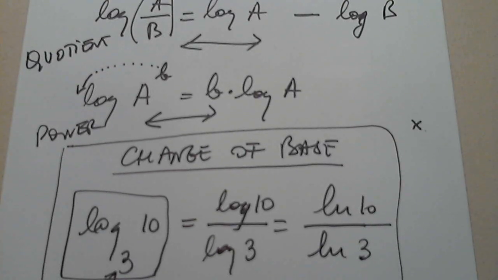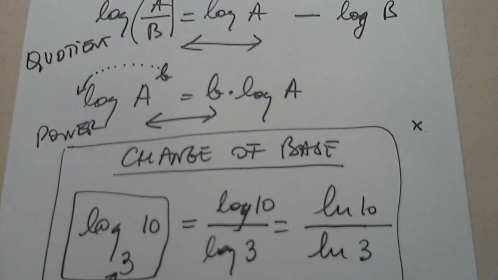And not all calculators have it. Okay, I was wrong. Okay, good. So base 3 of 10. That's what we have. And this is the same thing as what I just showed you. I said log of 10 divided by log of 3 is the same thing as what you see at the top.